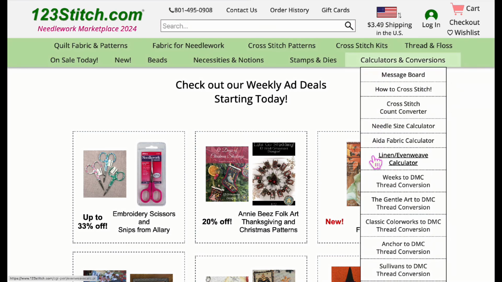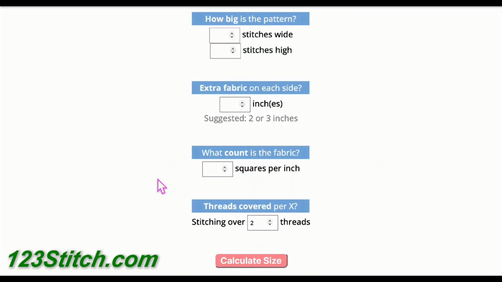Since our pattern was stitched on a 32 count linen, I'm going to click on the linen evenweave calculator first. The first question I'm asked is, how big is the pattern? We remember from the back of the pattern, it said that it was 51 stitches wide by 149 stitches high. The next question is extra fabric on each side.